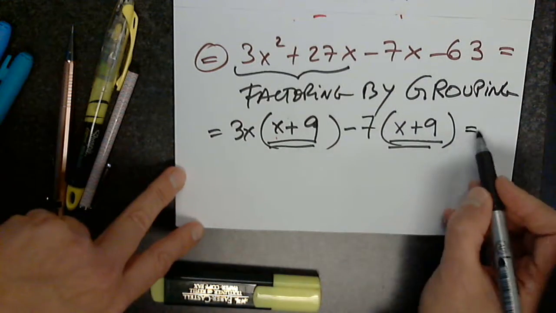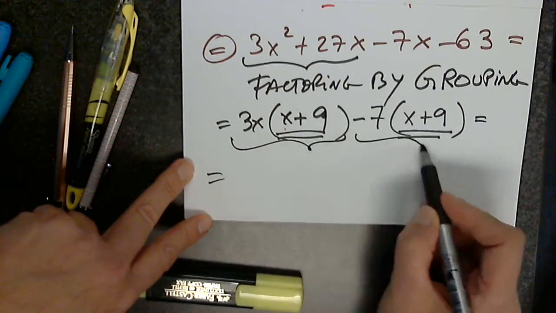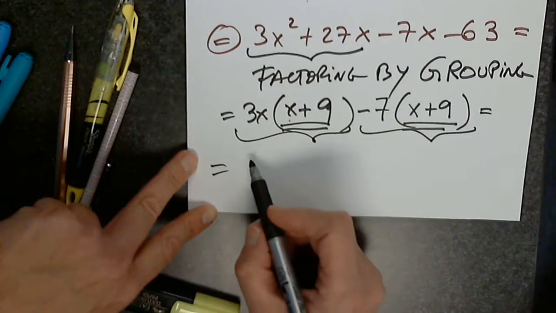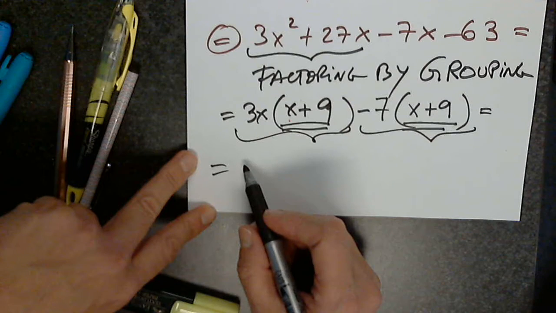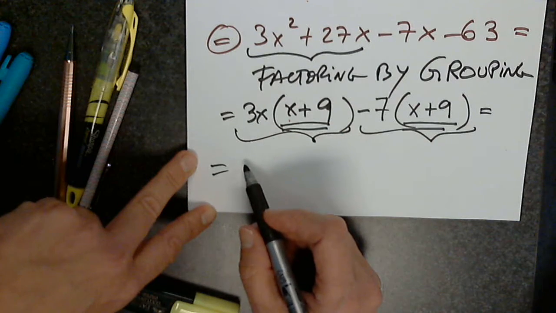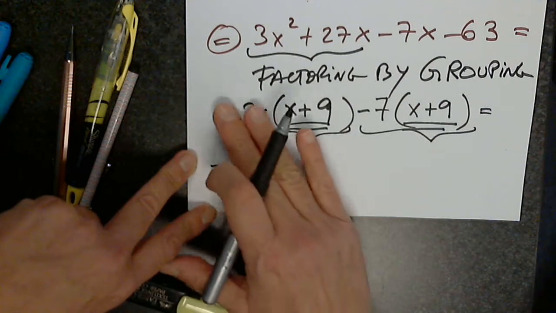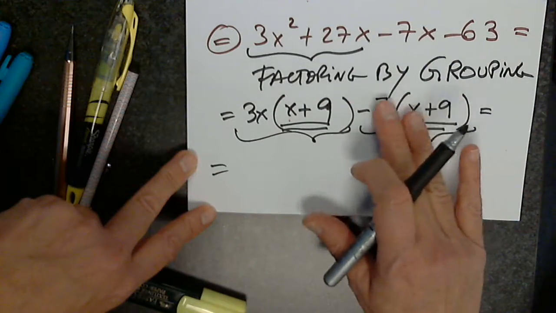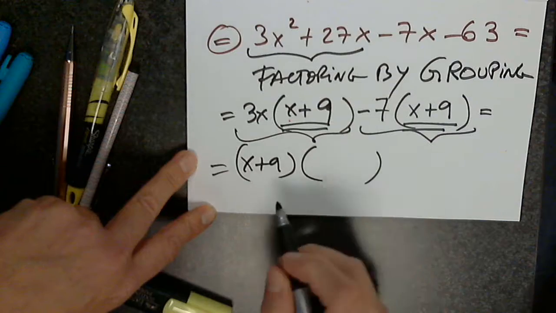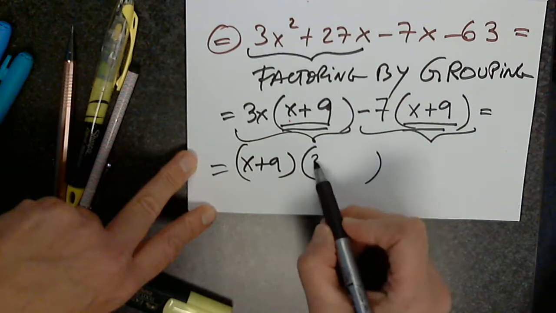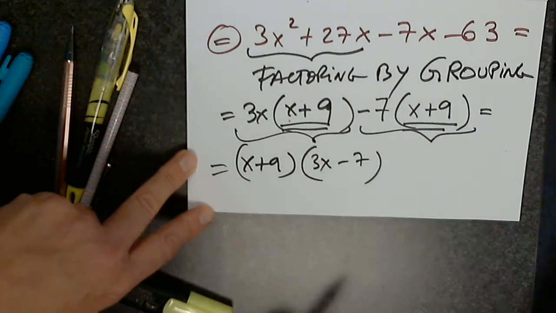Perfect. Now what is common to these two has to go out. What is common to these two? What is common to this term as well as to this term? Good. So it's pulled out. What is left from the first term? Minus 7.